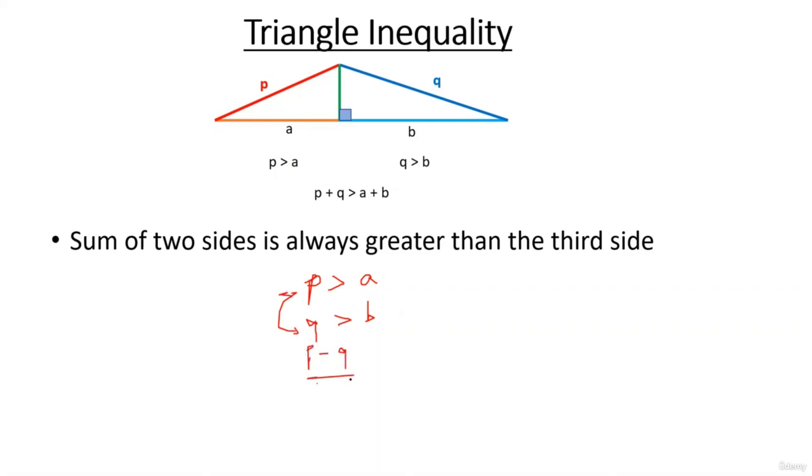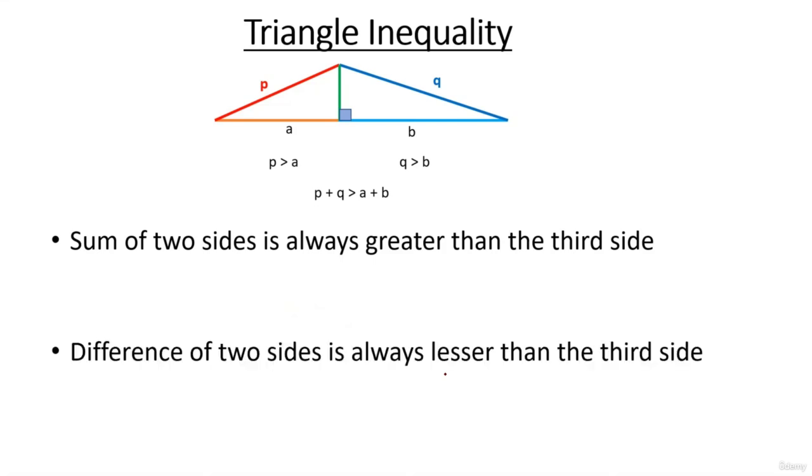If we take the difference P minus Q, it will definitely be lesser than A plus B, right? P individually is only slightly bigger than A, but if it is a difference with Q, it will definitely be less than the sum of A and B, because A and B will be a much larger value, isn't it? So that is the second part of your triangle inequality. It says the difference of two sides is always lesser than the third side in this case, right?